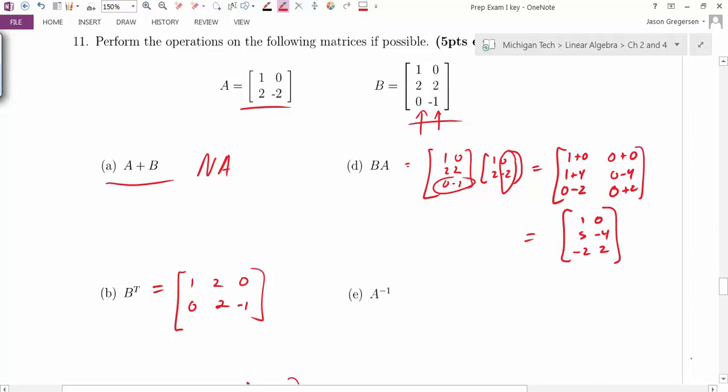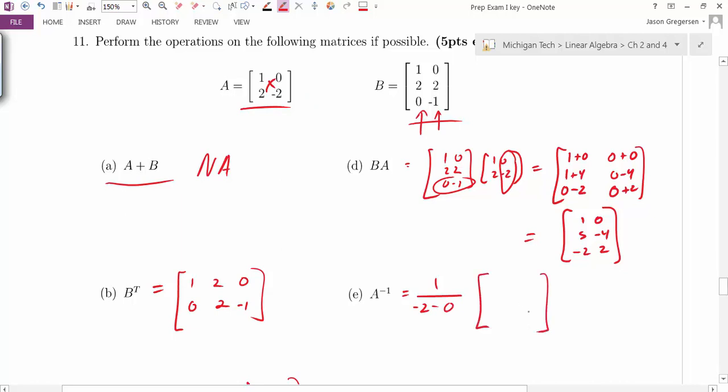And the last one is the inverse of A. Now I could write a bigger matrix with A on the left and augmented with I on the right, and go through the row reduction to find the inverse matrix. But because it's a 2 by 2, I have a formula for this. It should be 1 over this product, which is negative 2, minus this product, which is 0.